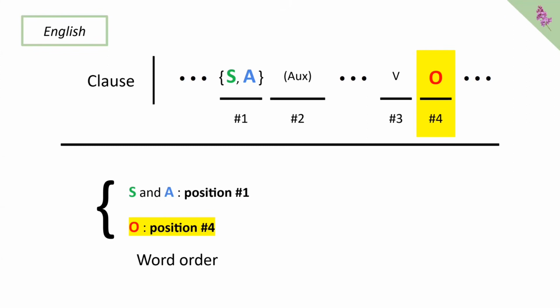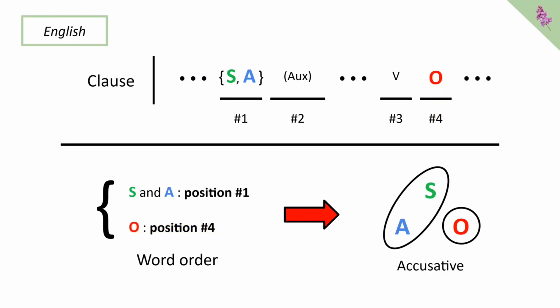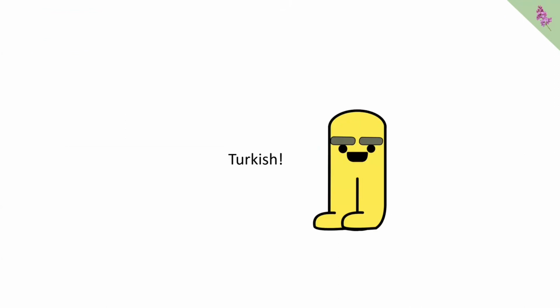Since in English, S and A arguments behave similarly with respect to word order, while O arguments behave differently, we can say that English word order follows an accusative pattern. For another example of a language with accusative word order, we can take a look at Turkish.